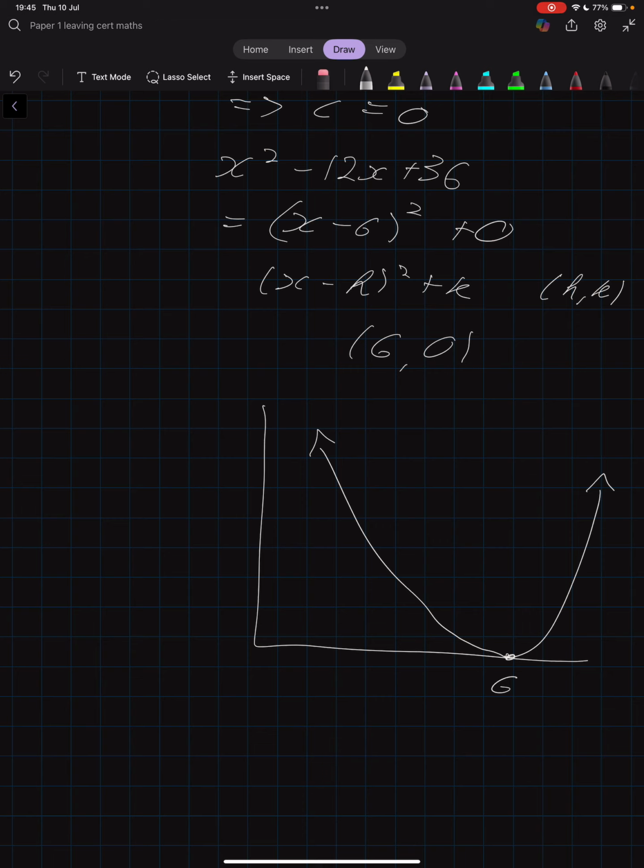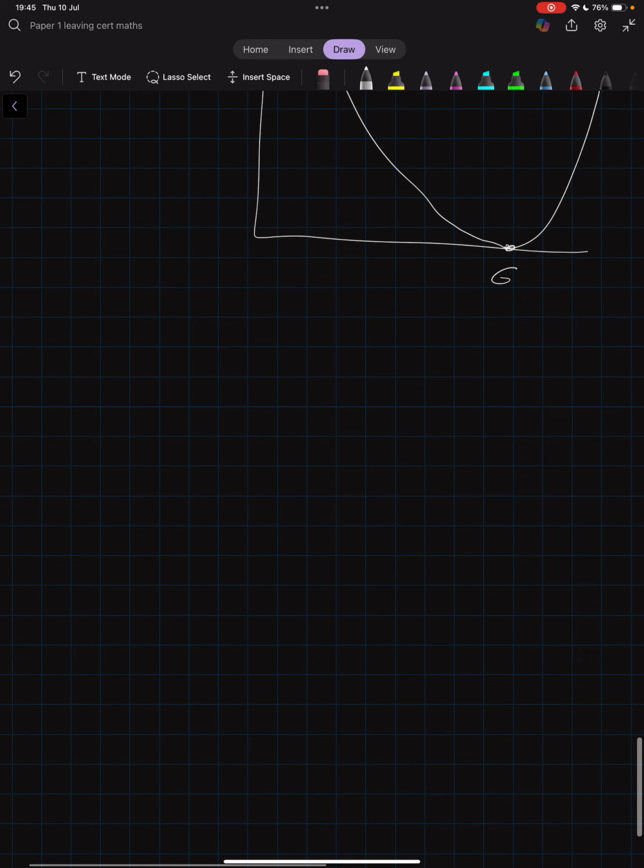So the next one, it says write these in completed square form. Okay, so I'll just do one more of these and then I think I'll leave it. So y equals 13 minus 4x minus 2x squared.